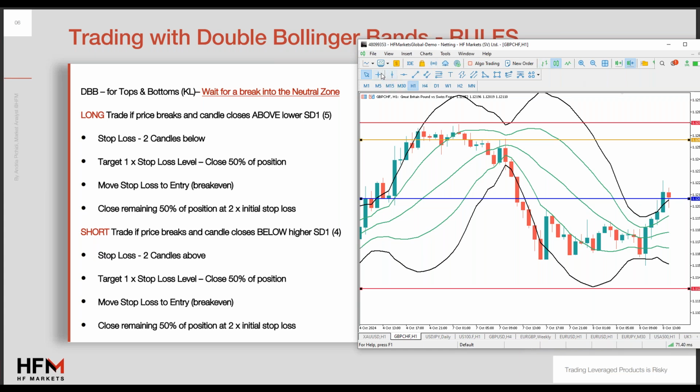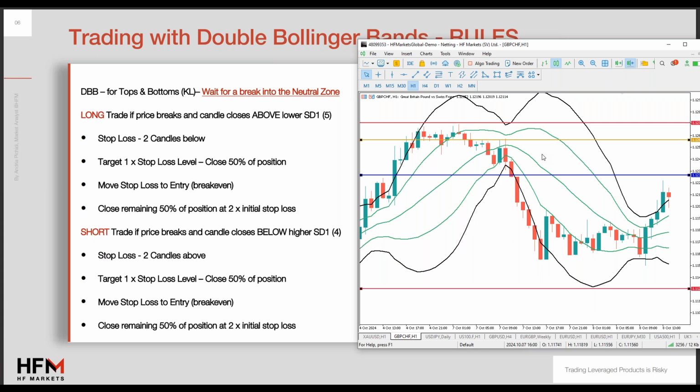Target should have been, let me measure it, so around 15 pips. Should be somewhere here, if I'm not mistaken. Either use a stop loss as your asset is moving lower closer to your target, or move stop loss to entry in order to lock some profits or break even in case it turns against you.